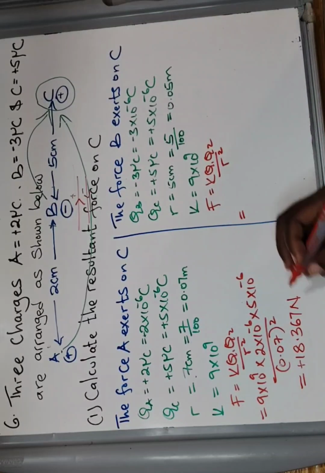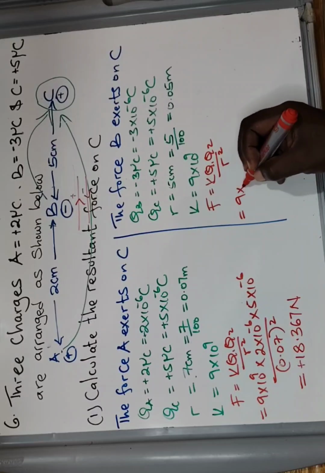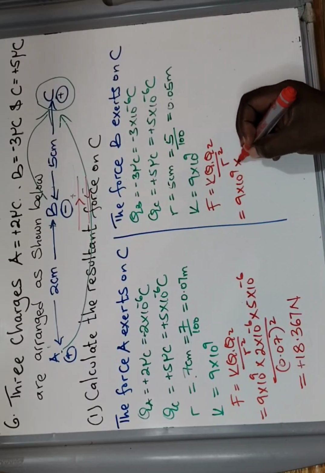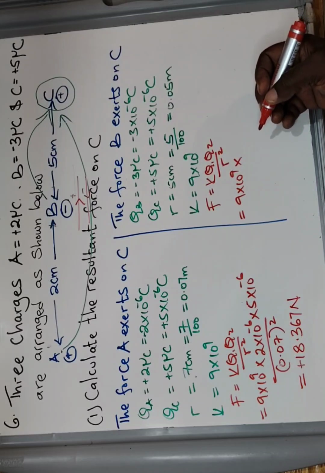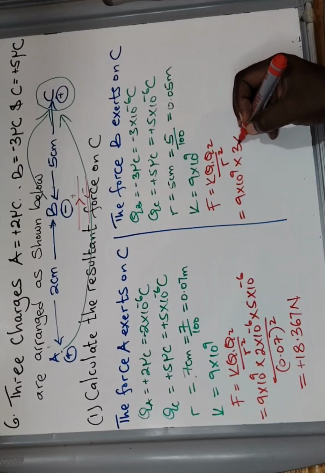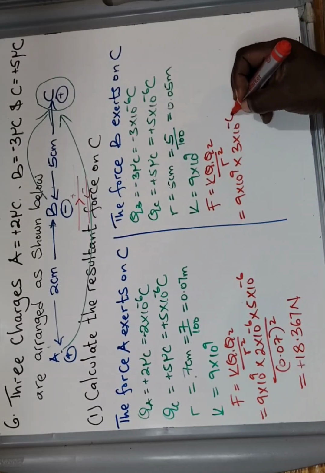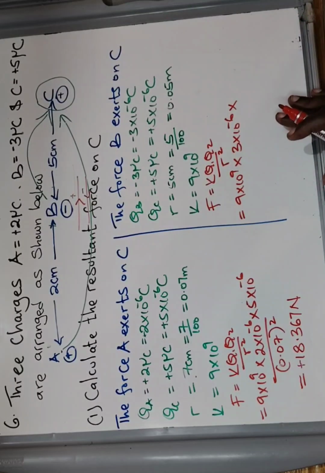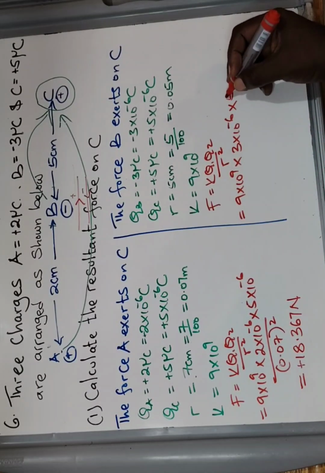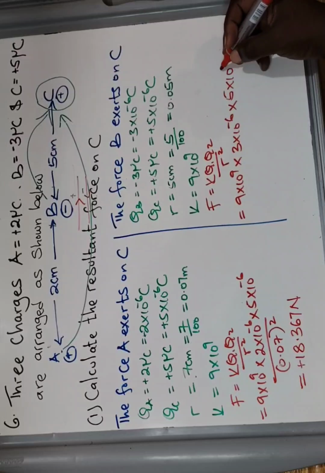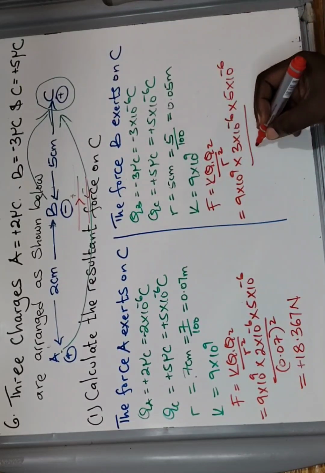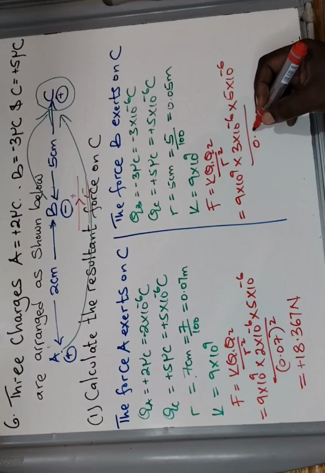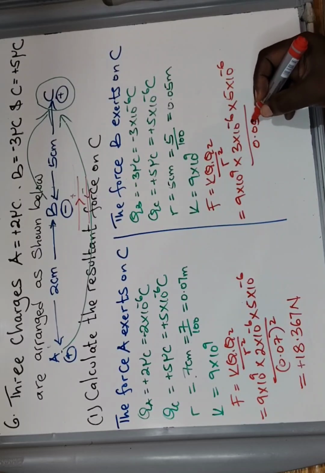When you substitute, what do we get? 9 times 10 power 9, and the QB is 3 times 10 power minus 6, and QC is 5 times 10 power minus 6, divided by our intermediate distance, which is 0.05, squared.